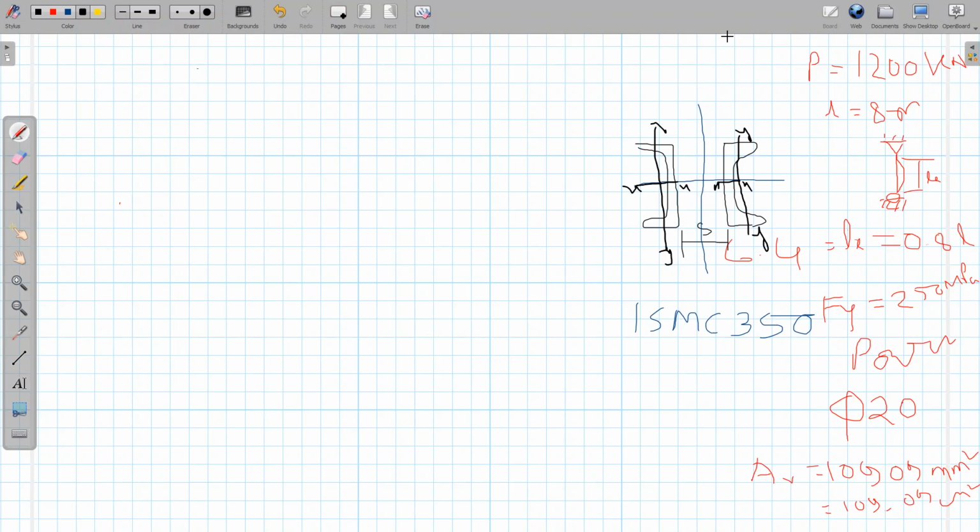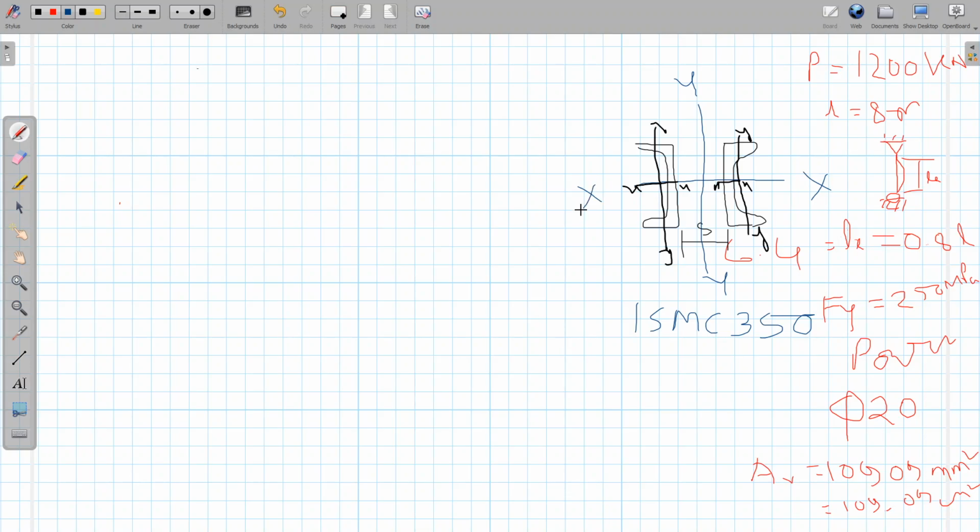For the capital global axis, let us say this is capital Y, using blue color here, and this is capital X.